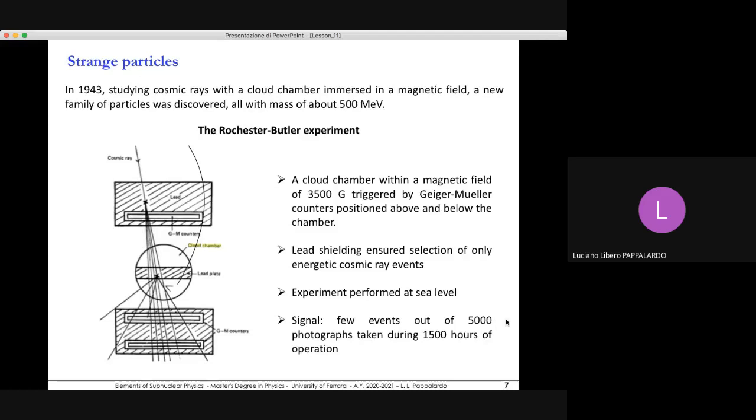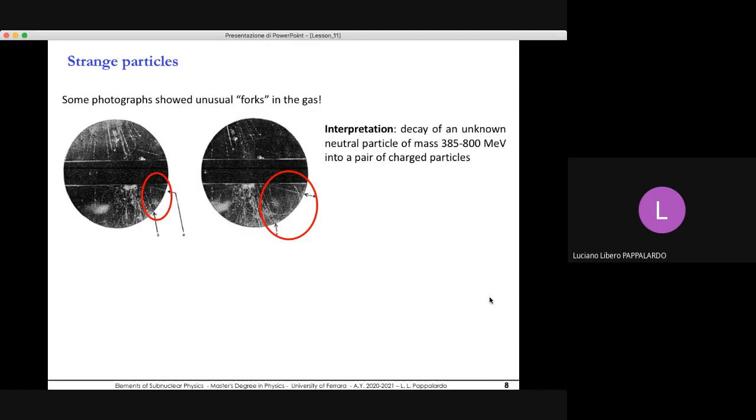The experiment was performed at sea level, and the signal was constituted only by a few events out of something like 5,000 photographs taken during 1,500 hours of operation. So what did they observe? They observed some strange patterns of charged tracks, the ones that are highlighted in this slide here, that look like forks in the gas.